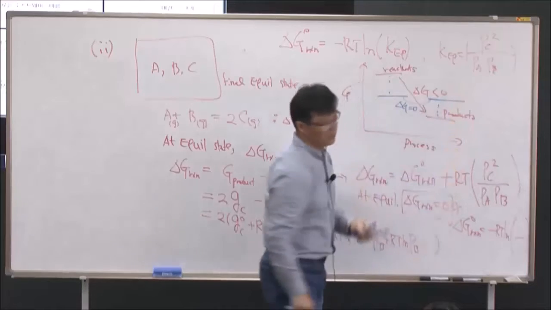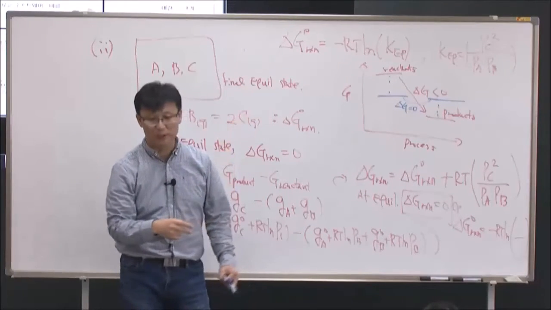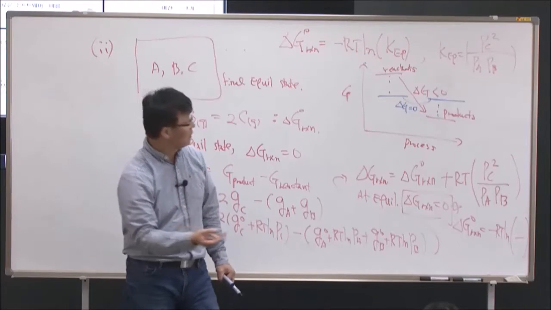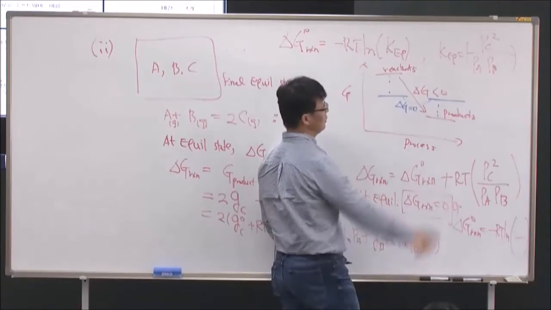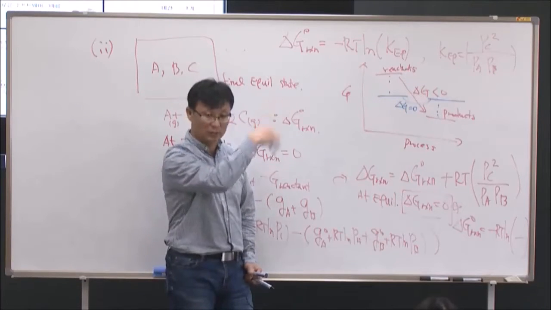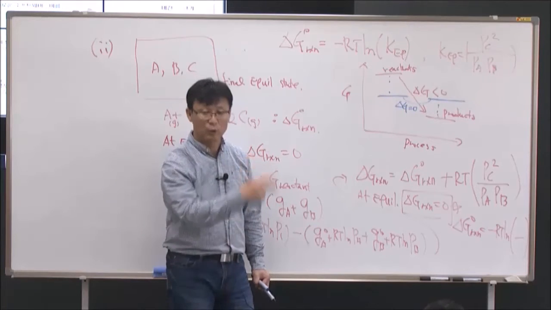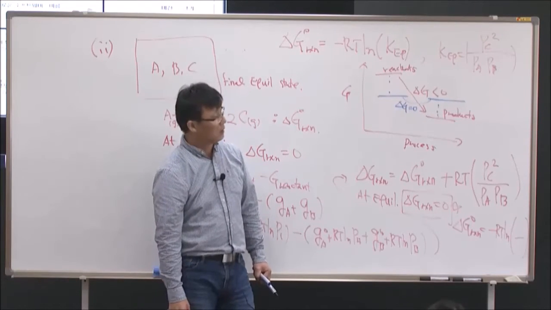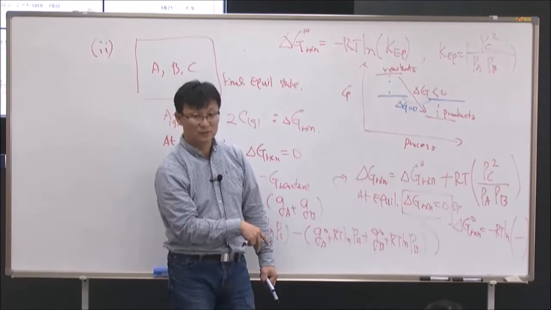And then PC and PA, this is the partial pressure, so it's mole fraction of C times the total pressure, and mole fraction of A times total pressure, mole fraction of B times total pressure. So total pressure can even be cancelled out on the denominator and the numerator. Yeah? And then you can get only mole fraction of C, mole fraction of A, mole fraction of B. And then we still have also the mass balance equation.